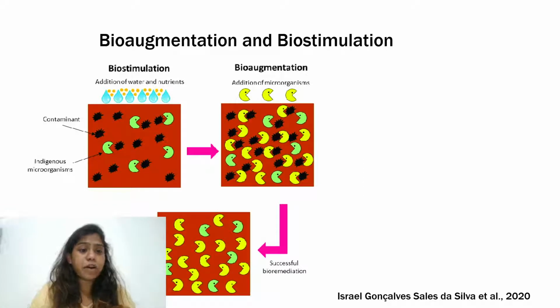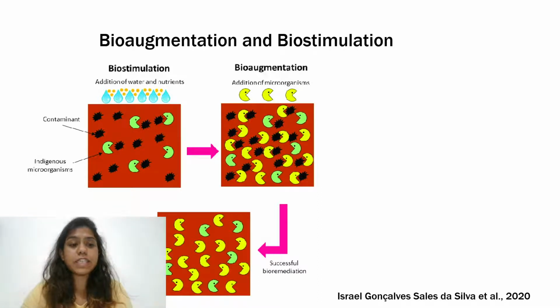So biostimulation involves addition of water and nutrients and other sources, so that it stimulates these microorganisms that are already present in the environment to convert whatever contaminants are there in the soil or in the wastewater and so on. So it should be able to convert whatever is already present with the help of the nutrients that we are providing. So this is like stimulating the microbes to start acting on the contaminants that are present in a given zone.